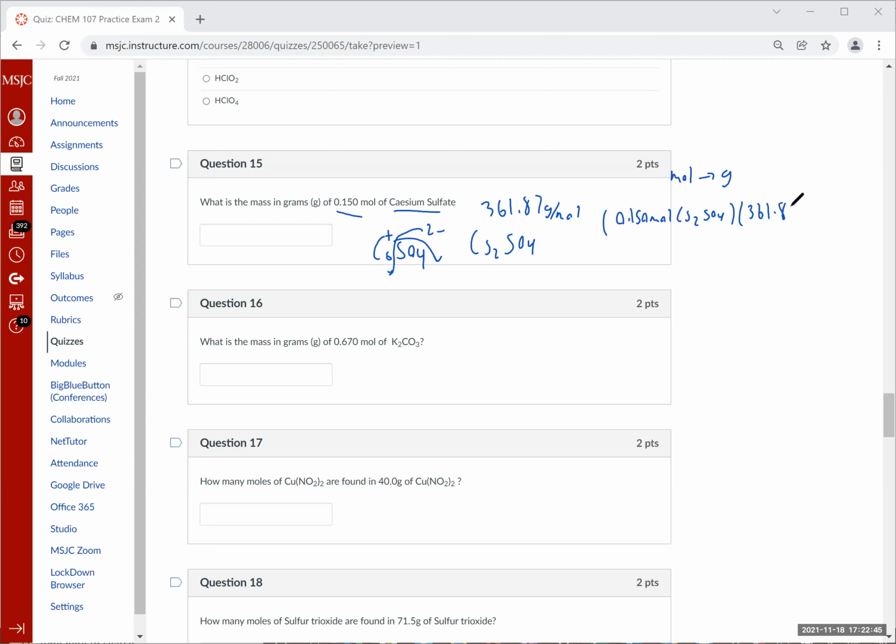We know there are 361.87 gram per mole. So punching this into our calculator, 0.150 times 361.87, and that in turn gives us 54.3 grams of cesium sulfate. Does this example make sense to everyone? Any questions on this example?